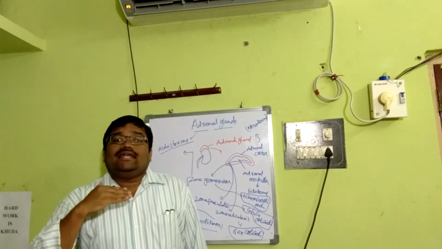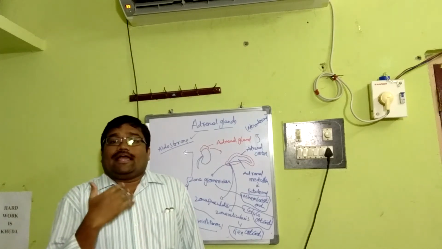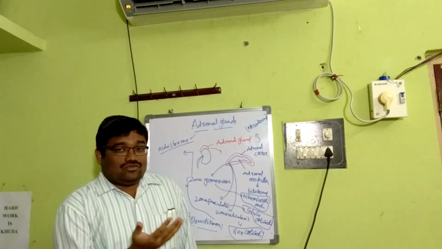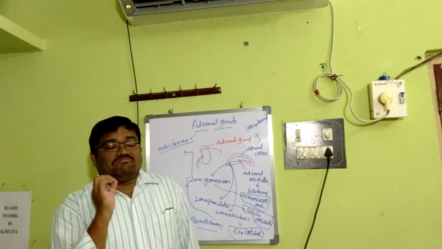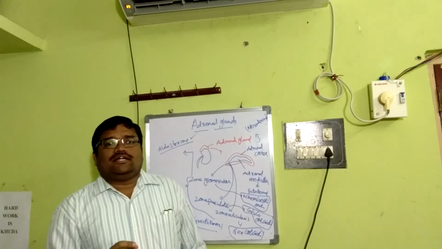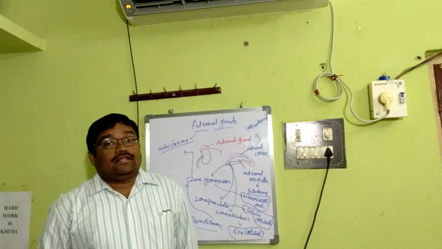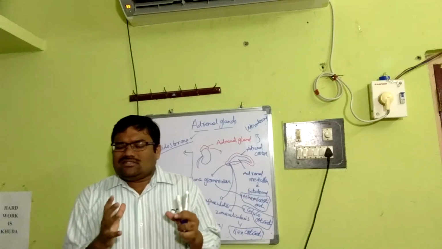That means maintaining water and electrolyte balance. So the regulation of electrolytes, say sodium, and body fluids is the main crux function of aldosterone. Their overall role is to maintain blood pressure and osmoregulation. So this hormone is very important.